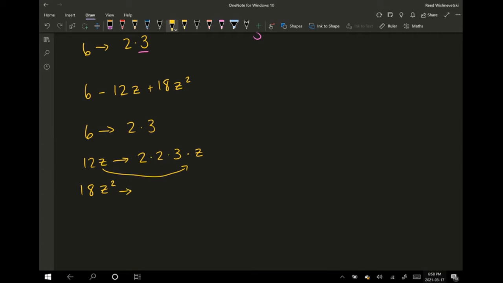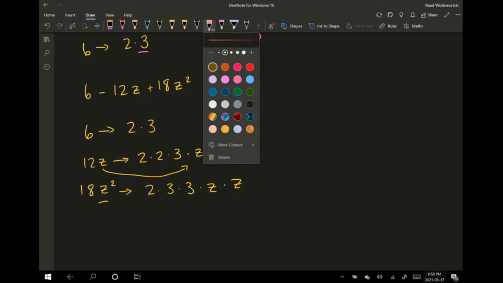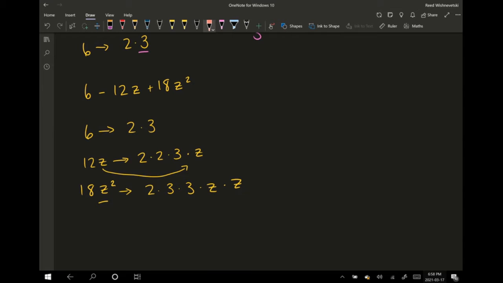Okay, and now 18 we know to be 2 times 3 times 3. And then we also have to worry about this z squared here. So that's going to translate to z times z. Okay, now what we're going to do is look at what's common between these ones here. So you can see here we have a 2 in the 6, a 2 in the 12z, and a 2 in the 18z squared.